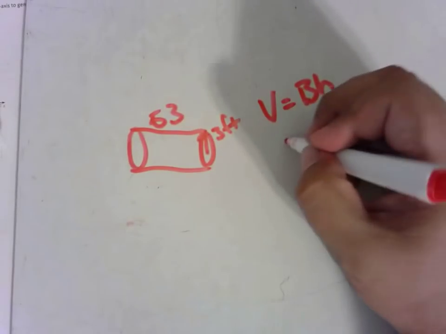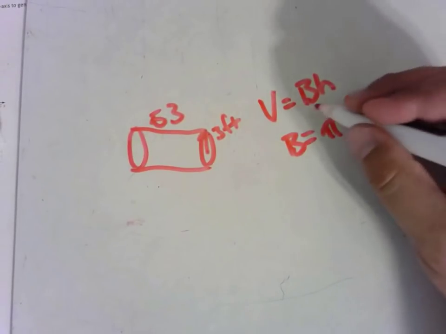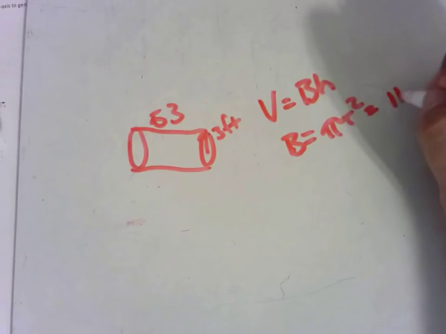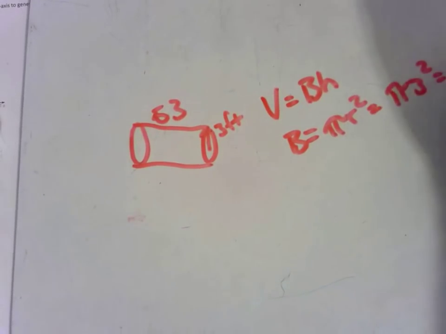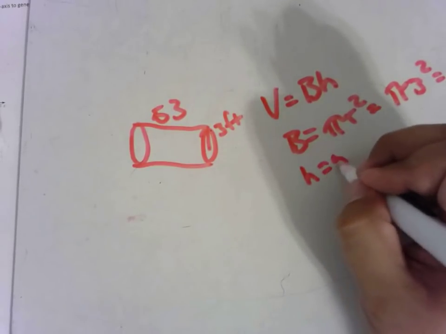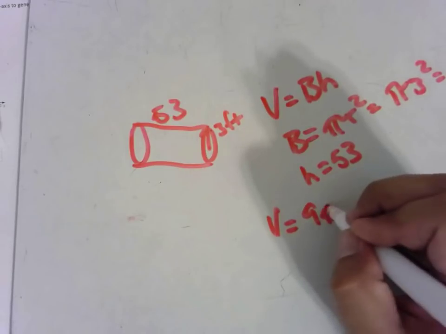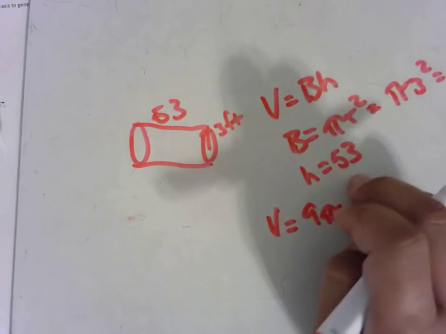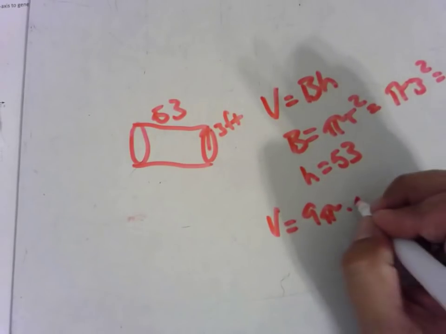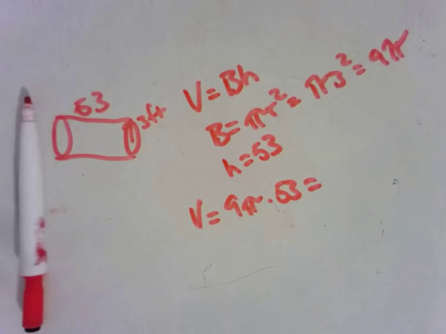This is a circle. So my capital B is pi r squared, where my radius is 3. So it's pi times 3 squared, which is just 9 pi. The height is 53. So I'm going to take the volume, which is 9 pi, multiply it to 53, that's going to give me the volume of the entire tank. 9 times pi, nope, not pi.